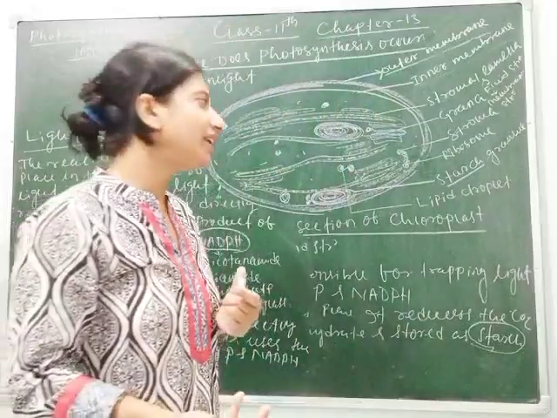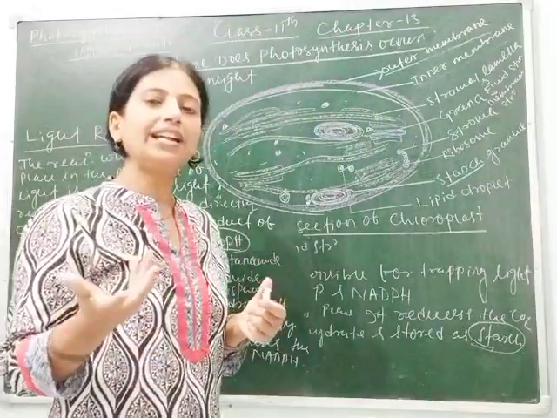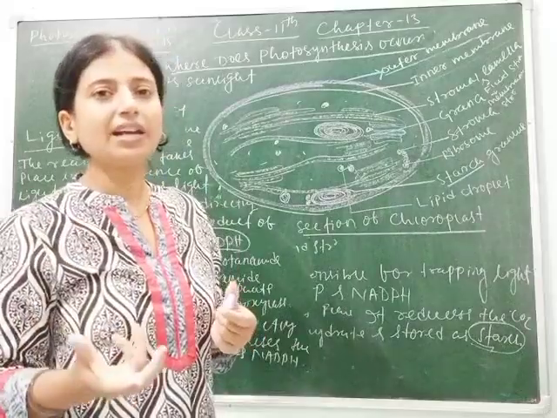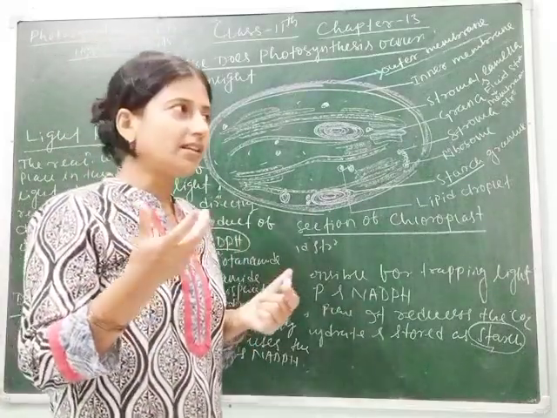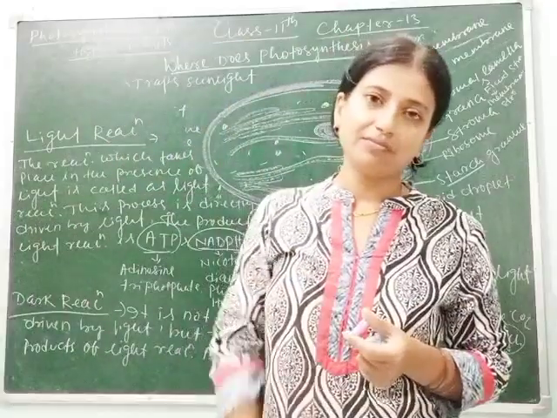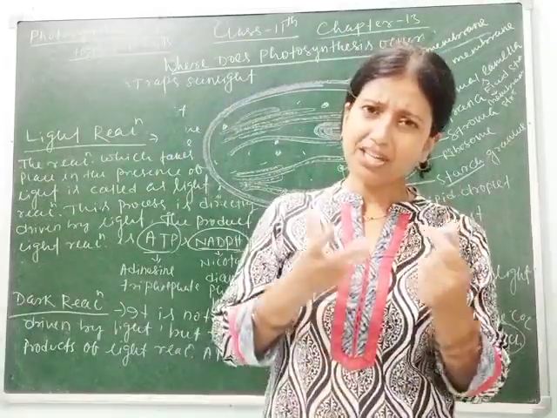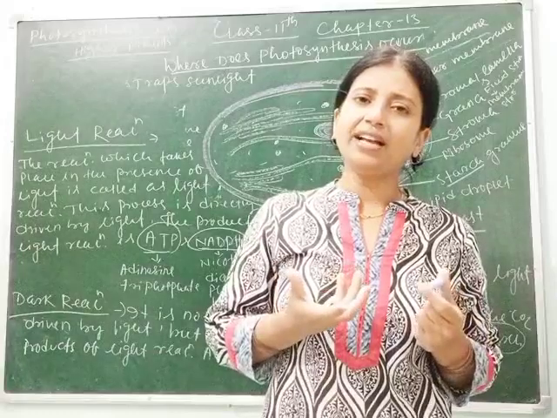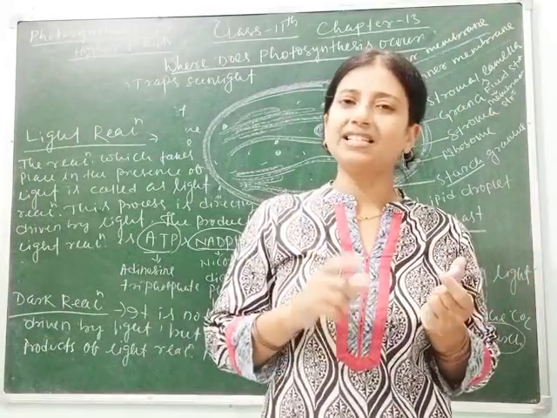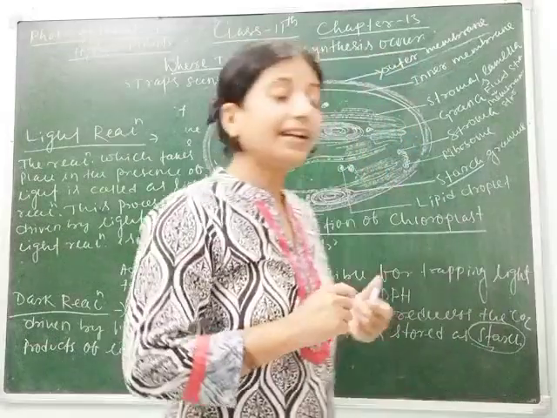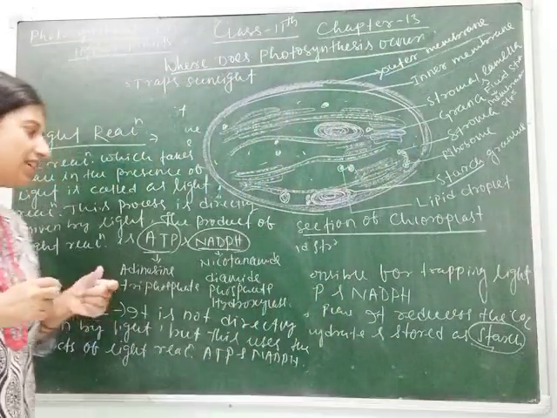So what is the wavelength of light and where does the light come from? As we know, the sun has seven colors and each color has a different wavelength. Red light has the longest wavelength, whereas violet has less. That's why red color can also be seen from a long distance.